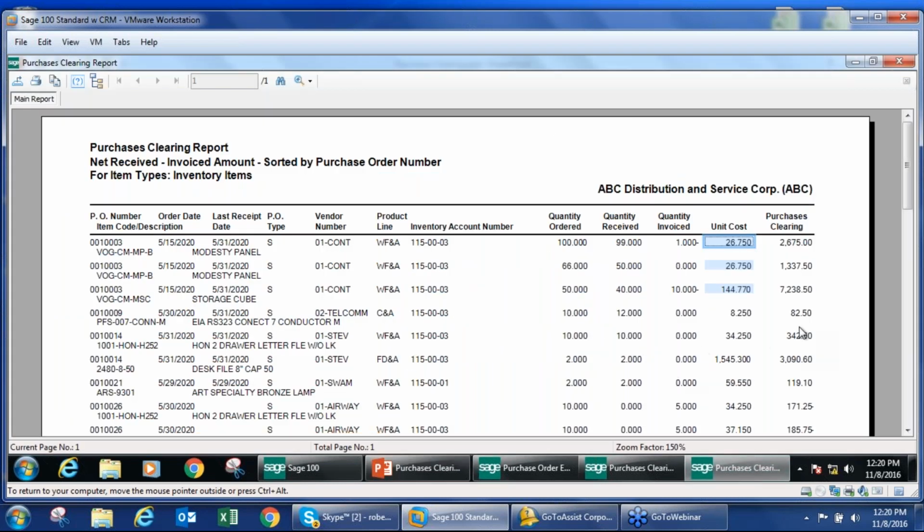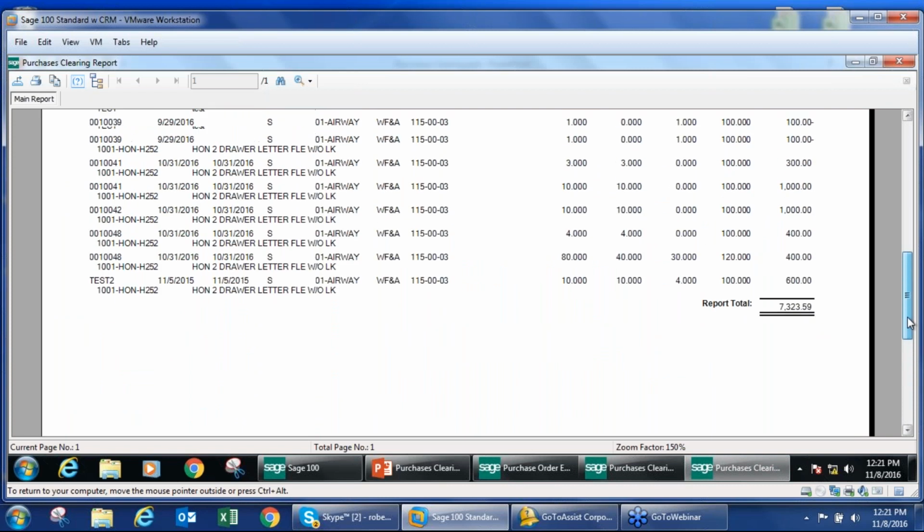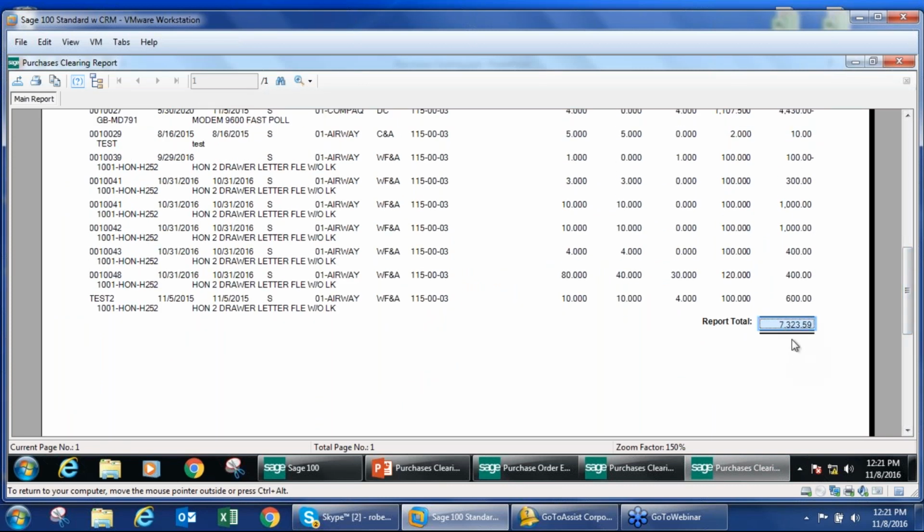At the end of the day, if we have everything clean and we are running a report for net received minus invoice amount, and we have a dollar amount here, at that point, we now can go to our GL and we can do a journal entry to tie the two. We now have a good starting point that we can use.